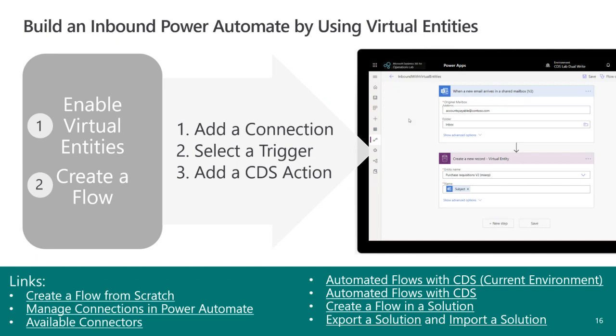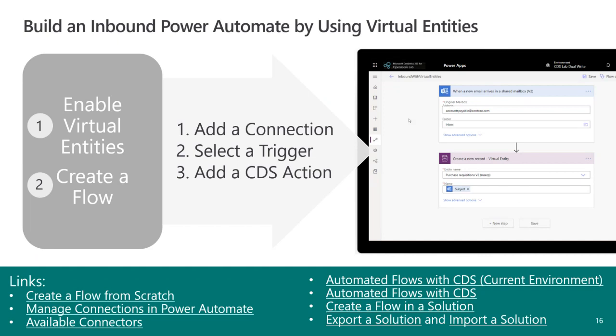But it's important to note from an inbound perspective that something else needs to be the trigger. In my case, I did an email. So when an email arrives in a shared inbox, I've got a number of different parameters there. I'm pulling those in and saying, go create a record in my virtual entity. Or maybe I route that to someone to perform a review process, whatever it might be.